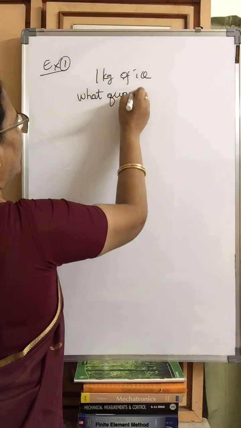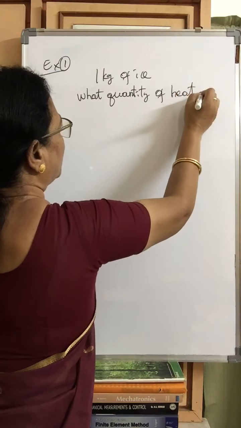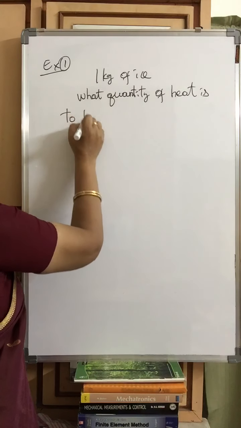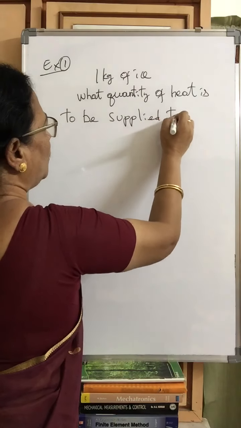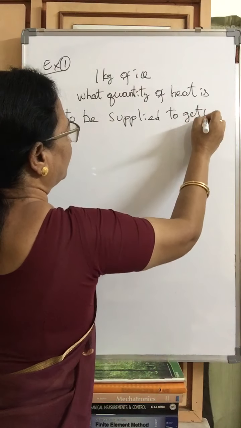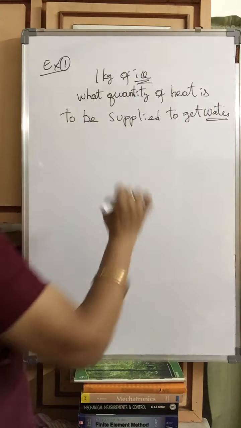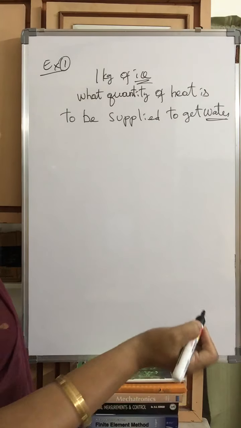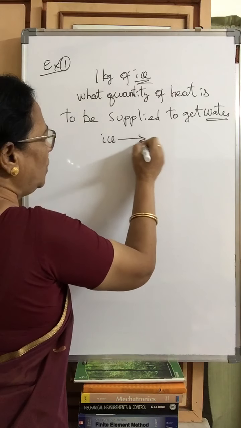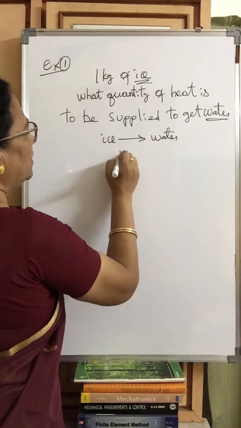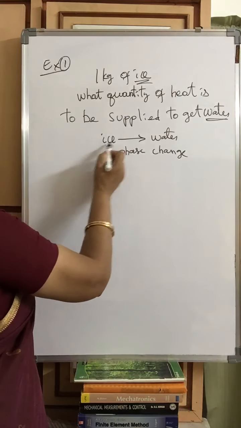What quantity of heat is to be supplied to get water? 1 kg of ice to water. Because the phase change is from ice to water.